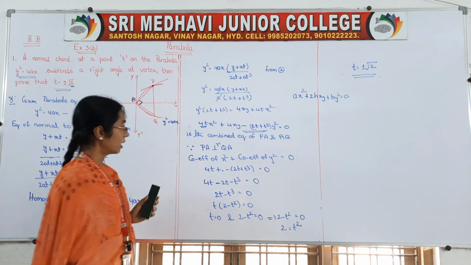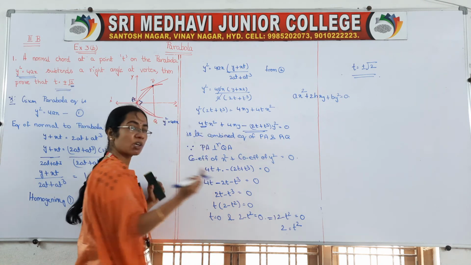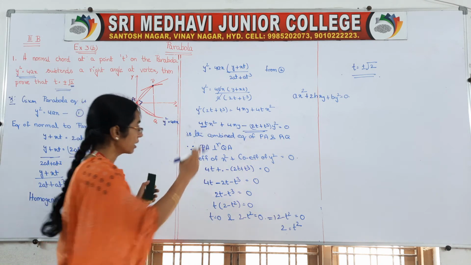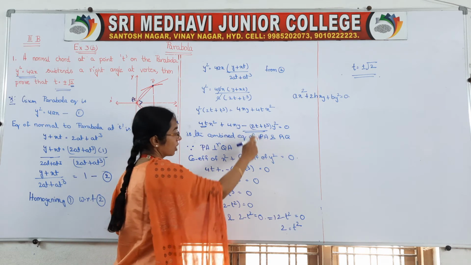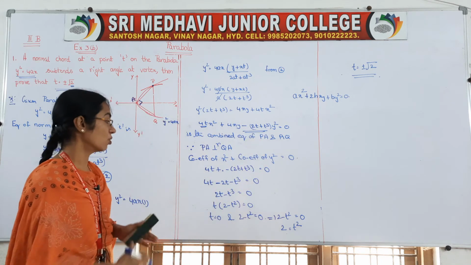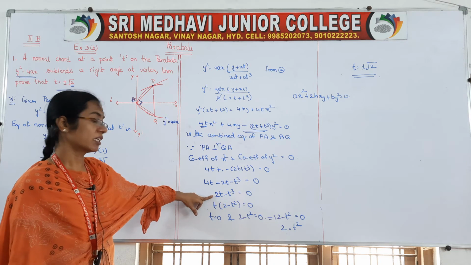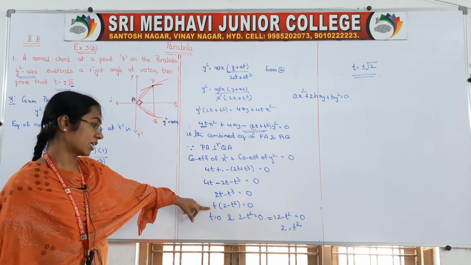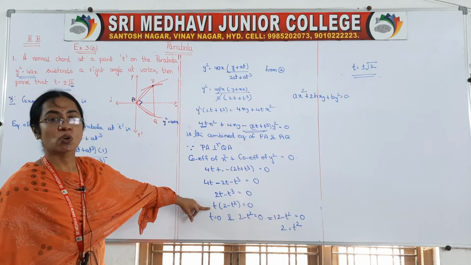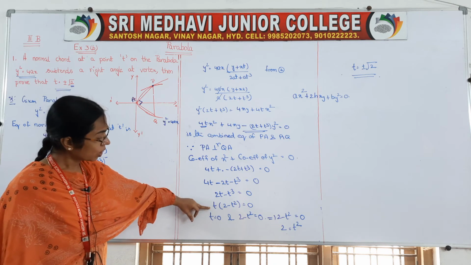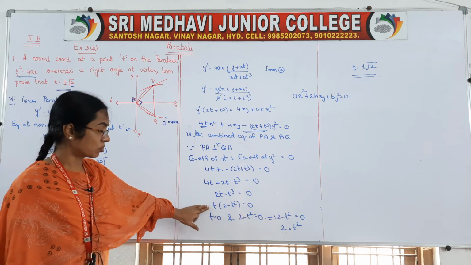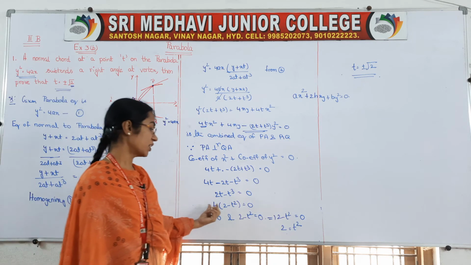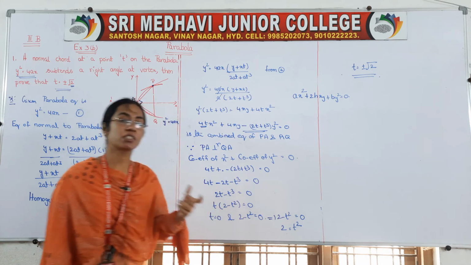The coefficient means the x square multiple and the y square multiple, and the sum is equal to 0. So with that you take t outside. One equation is t is equal to 0, and the other equation is 2 minus t square is equal to 0.